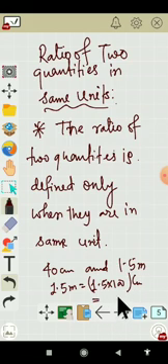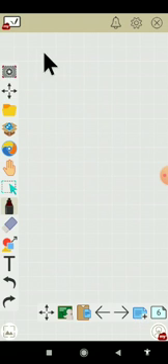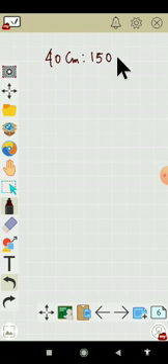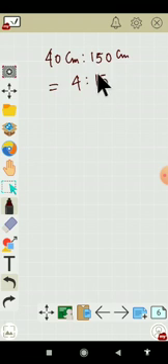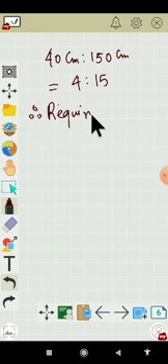So this will give us 150 centimeter. Now we have to make the ratio between 40 and 150 centimeters. So it will be 4 is to 15. So this is the required ratio.